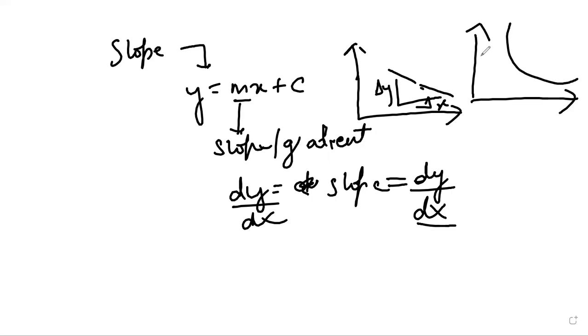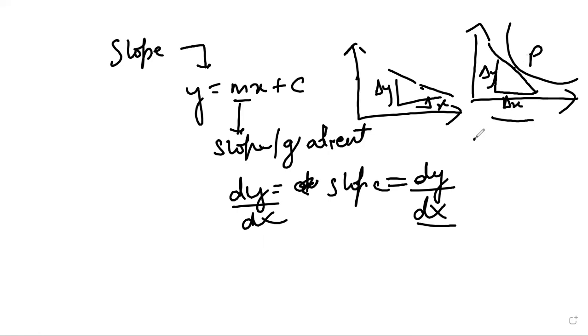Say we are asked to calculate the slope of a curve at a particular point P. What are we supposed to do? We will draw a tangent to the curve at the point P, and then the slope of this tangent, delta y by delta x, will be called the slope of the curve at point P.